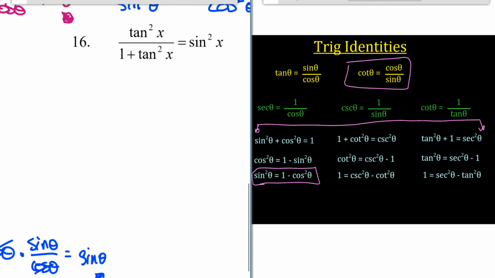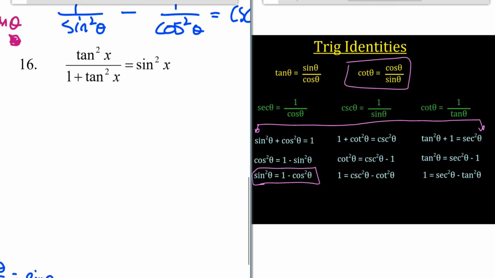Okay, last one here. We've got tangent squared x over 1 plus tangent squared x, and that is going to somehow simplify into sine squared x. I'm seeing a bunch of squareds, and I'm thinking it's got to be down in the bottom part of my toolbox here. Is there a 1 plus tangent squared?